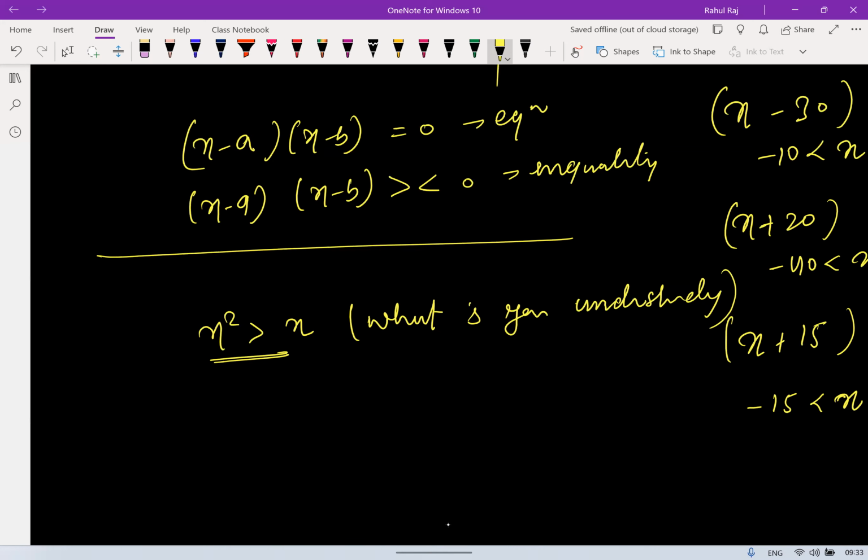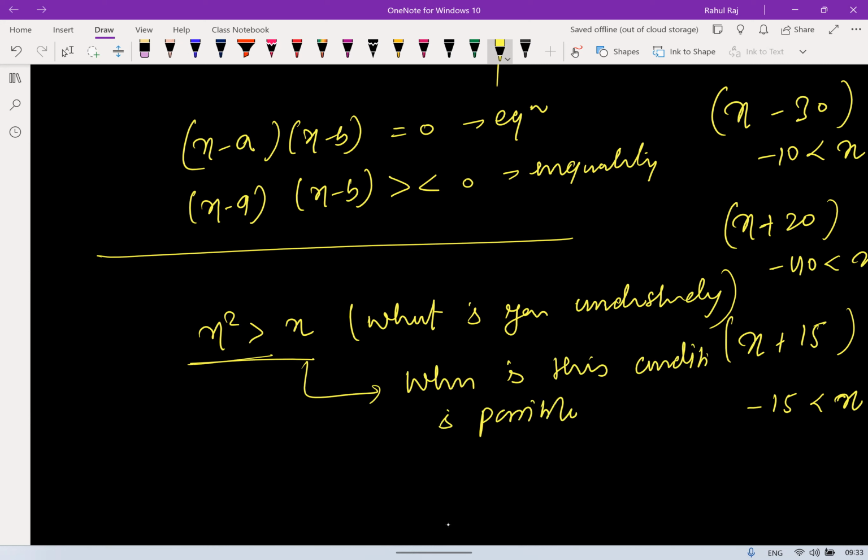Tell me in terms of, think one thing, Alexa. When is this condition possible? Or I could ask you in a different wording, for what values is this expression possible?